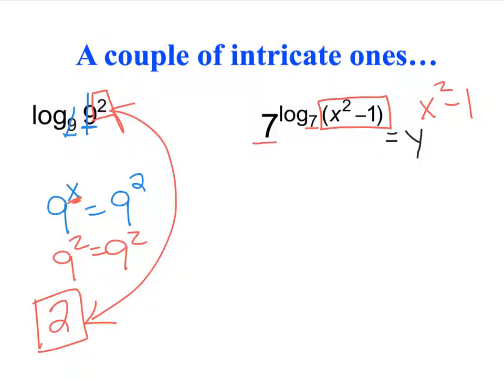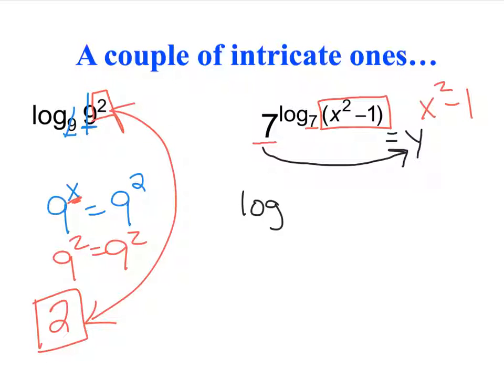And then, remember, this is starting as an exponential, and I want to convert it to a log to solve it. So I'm going to write log base 7 of y, which is our unknown, is equal to x squared minus 1.